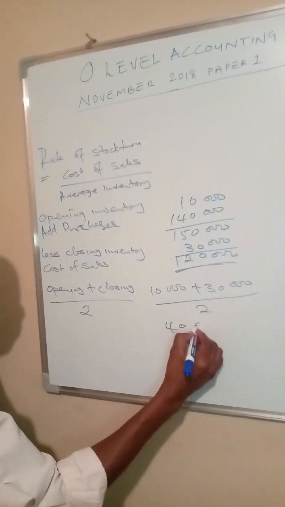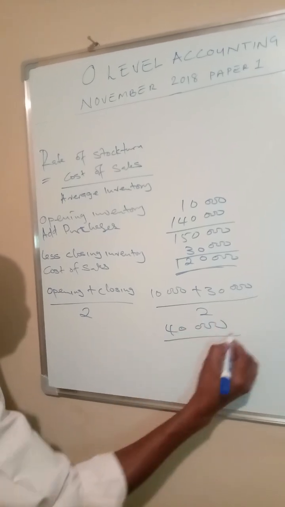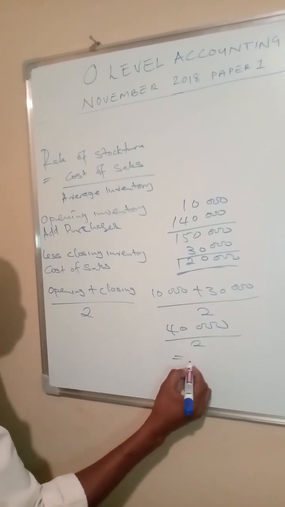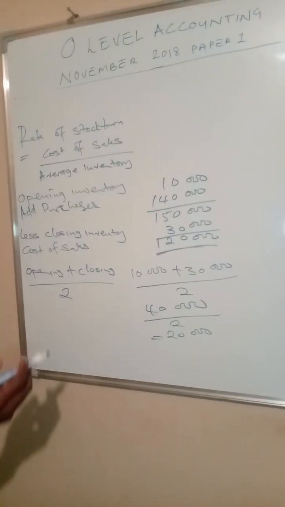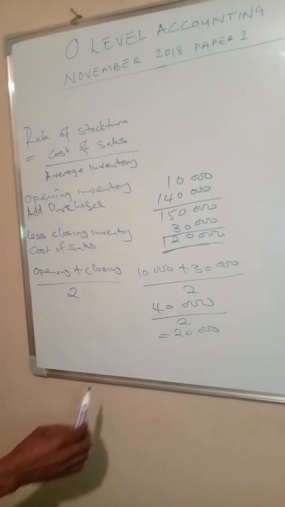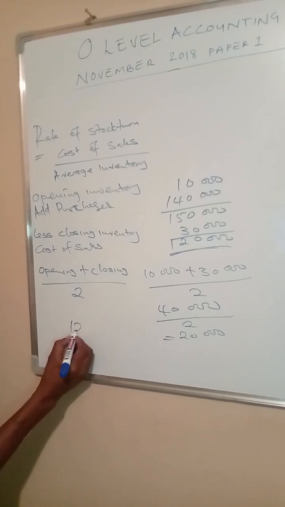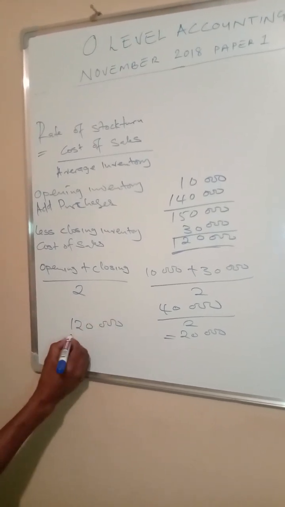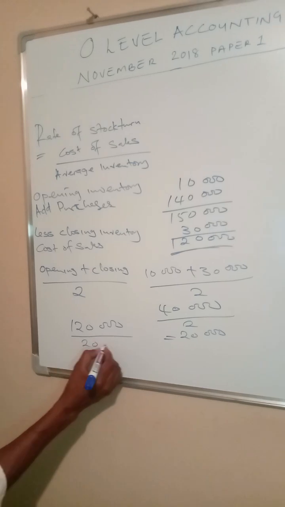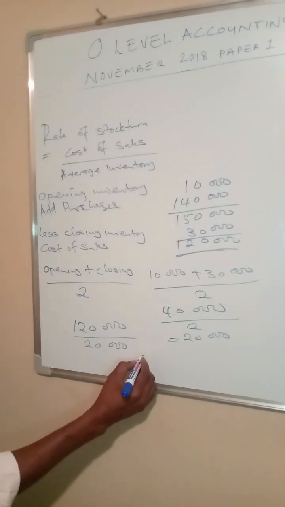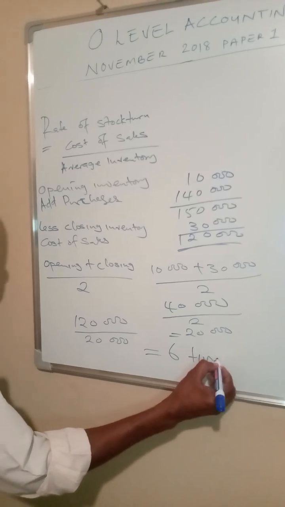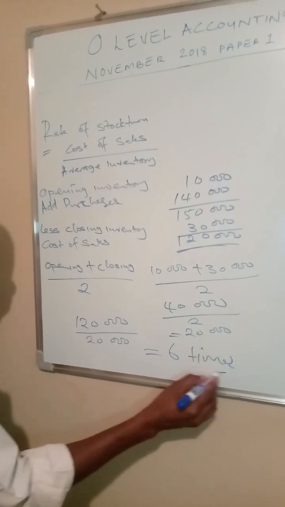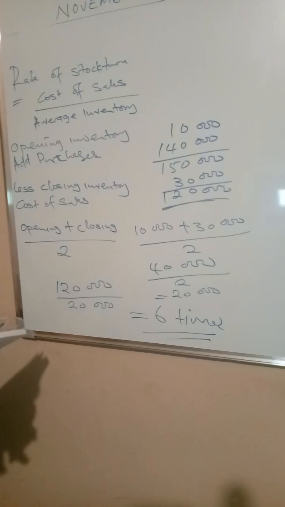So it's 40,000 divided by 2, which is equals to 20,000. Therefore, our rate of stock turn is equal to 120,000 divided by 20,000, which is equals to 6 times. Therefore, the correct answer is B.